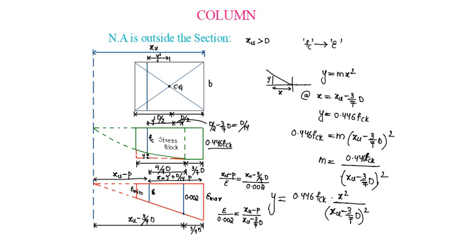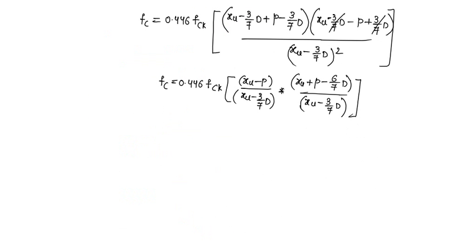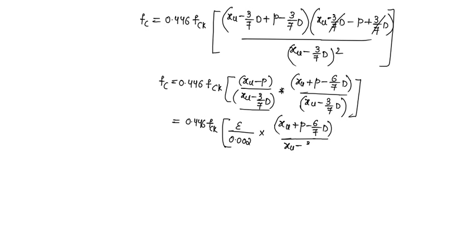Substituting this expression here, fc is 0.446 fck into epsilon by 0.002 into xu plus p minus 6 by 7d by xu minus 3/7 of d.